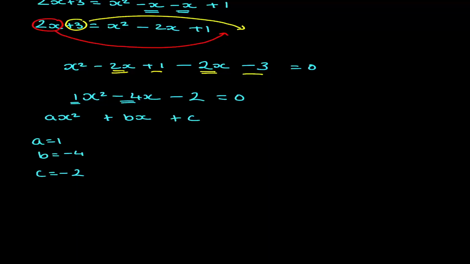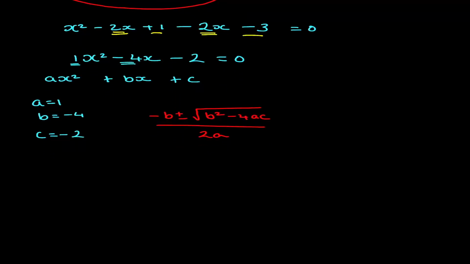Let's write out the quadratic formula, which is minus b plus or minus square root of b squared take 4ac, all over 2a. And let's plug in my values. So we've got negative 4, and whenever you've got two negatives, it just becomes a positive, plus or minus b squared take 4ac.